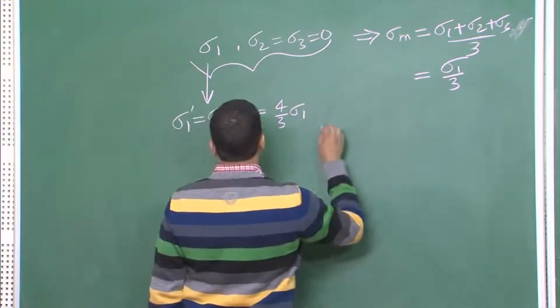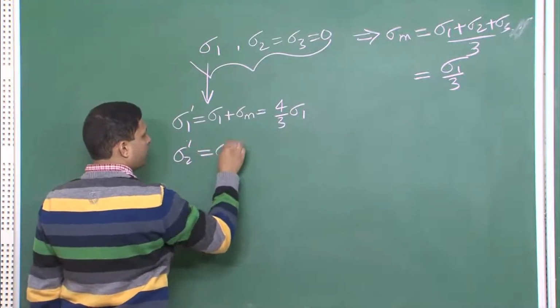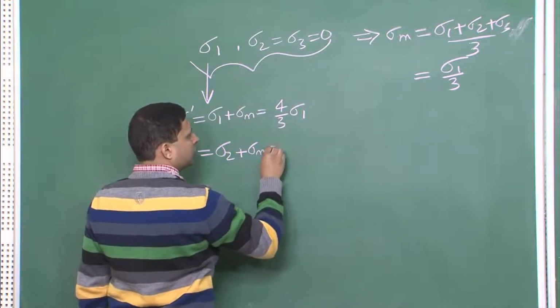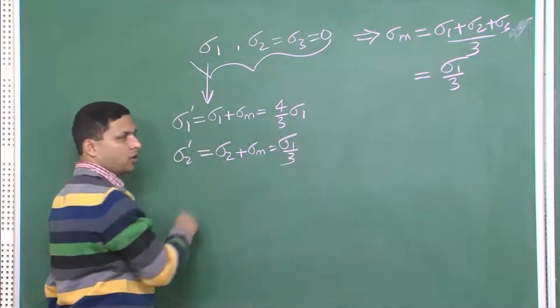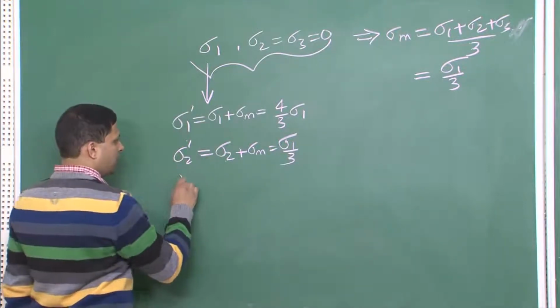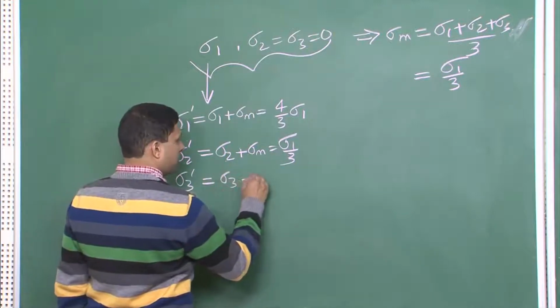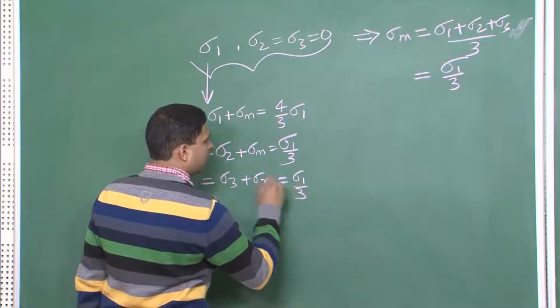Sigma 2 becomes sigma 2 prime, which is sigma 2 plus sigma m, which is sigma 1 by 3, because initially sigma 2 is 0. Similarly, sigma 3 prime is equal to sigma 3 plus sigma m, which is equal to sigma 1 by 3.